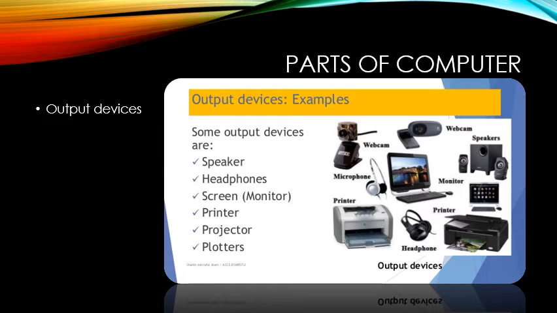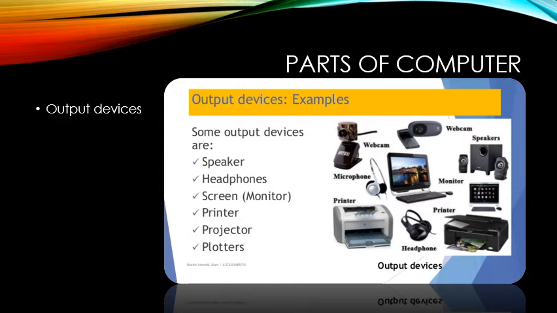Output devices now. Examples of output devices are speaker, headphones, printer, projector, and plotters. Output devices help to give us information that has been processed by the computer according to the given instructions.